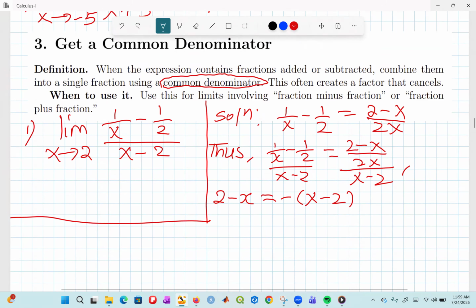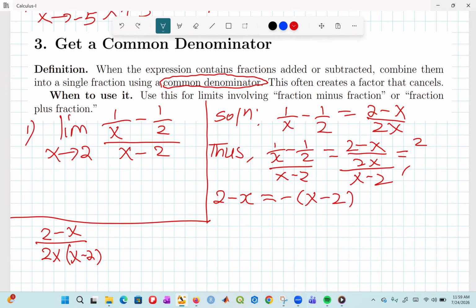So we get negative of x minus 2 over 2x times x minus 2.